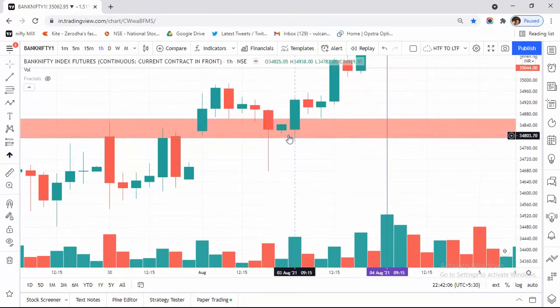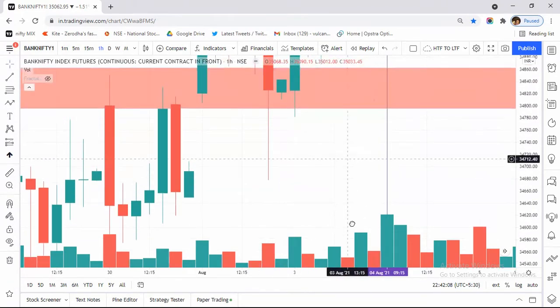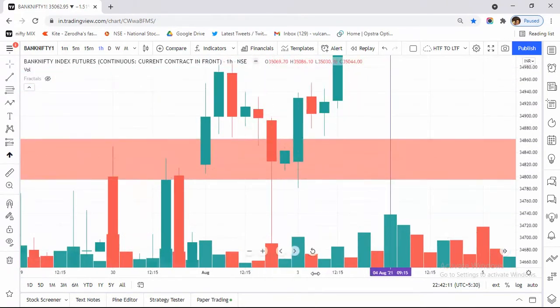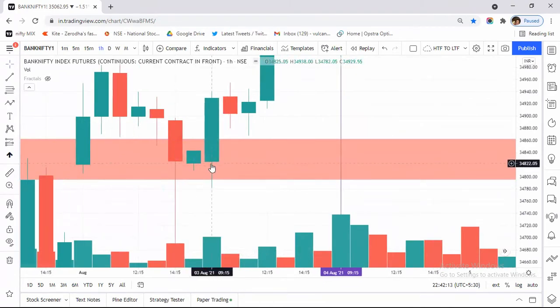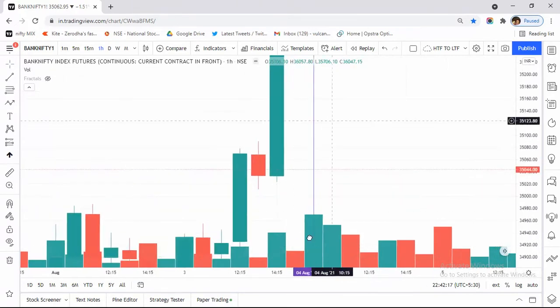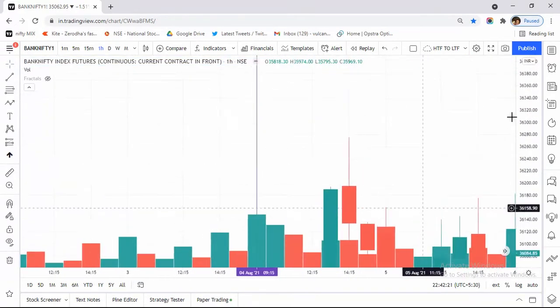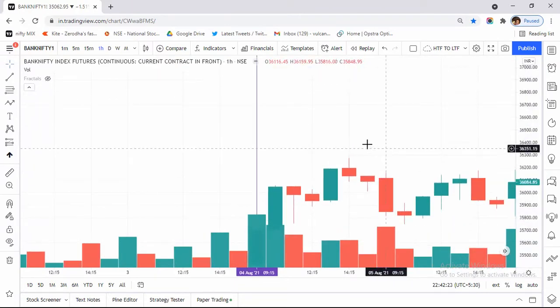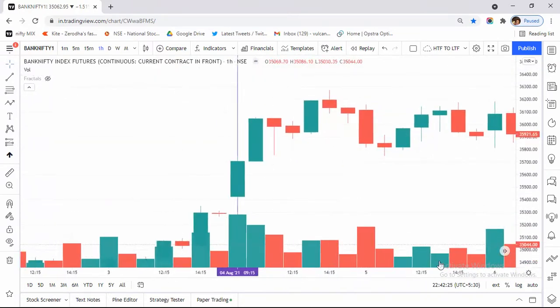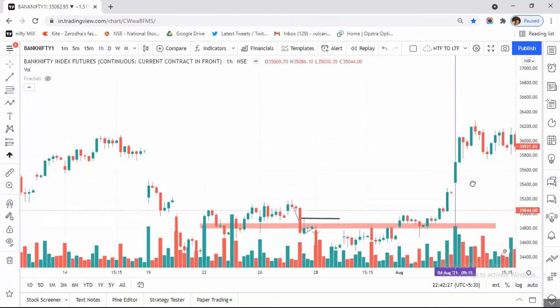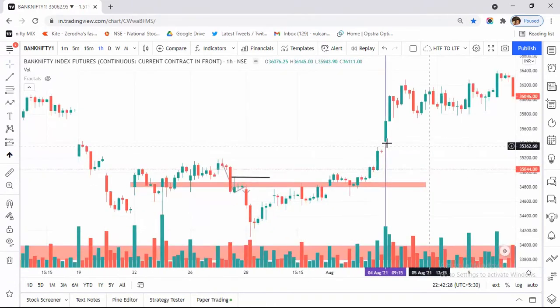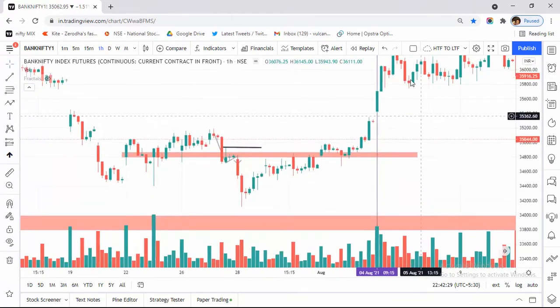Price rejected here again in the next candle, see, rejected again in the form of wick, rejected again in the form of wick. And if you are a swing trader, you don't need anything in the market except this supply zone.